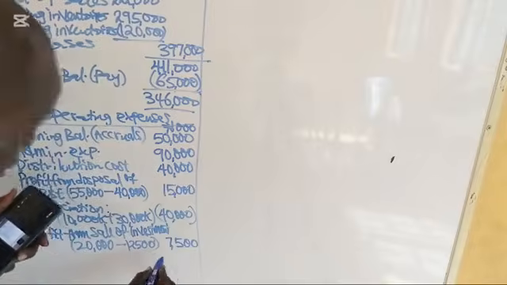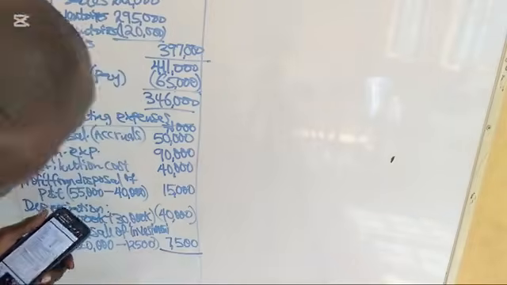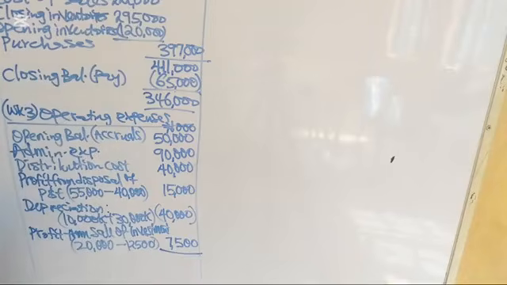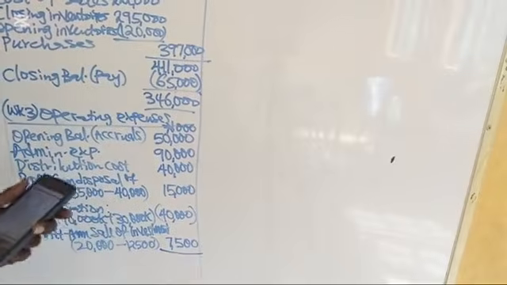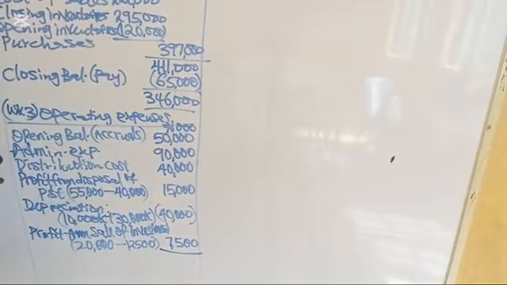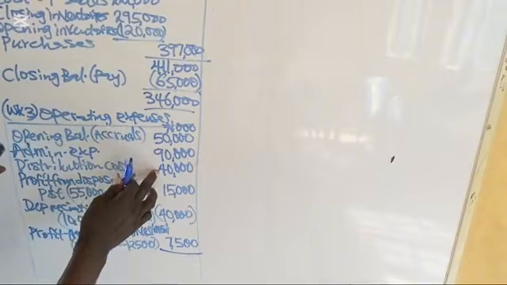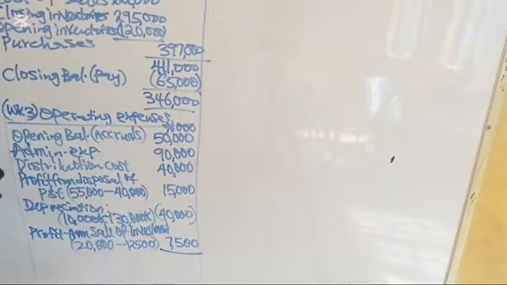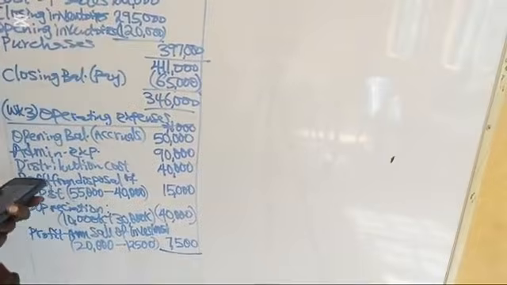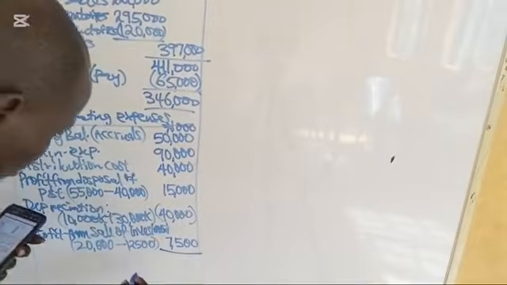So what is the total of what we have here? 162. Are you sure? This is 110. Okay. Yes, minus 40 now.